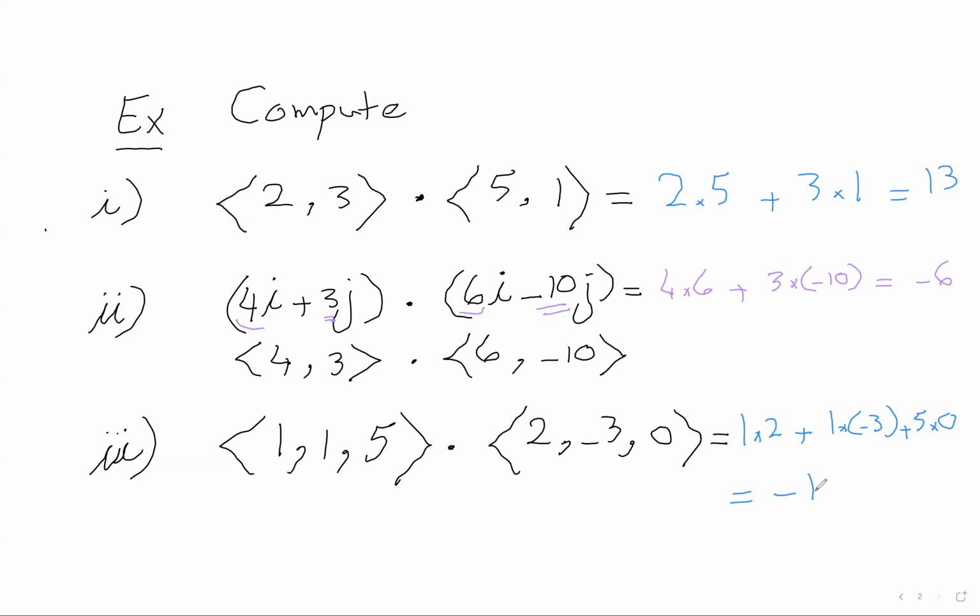Also, let me give an example in R3 where instead of this notation, we use IJK notation. The first vector is minus 2i plus 3j minus k.